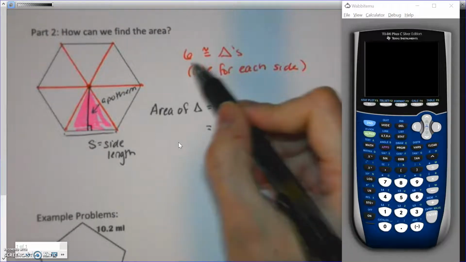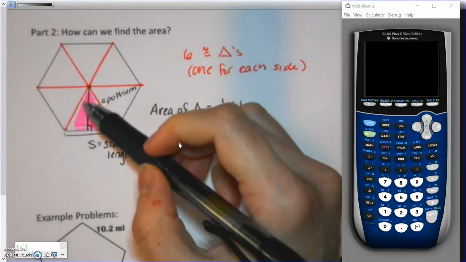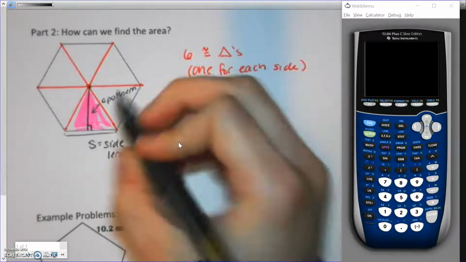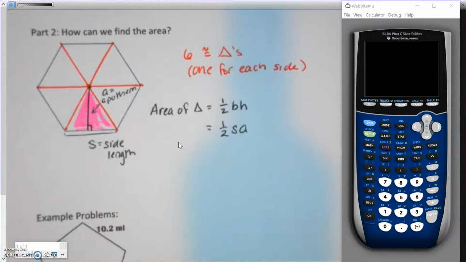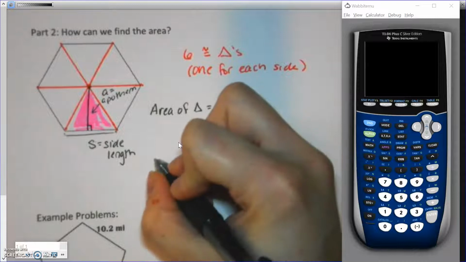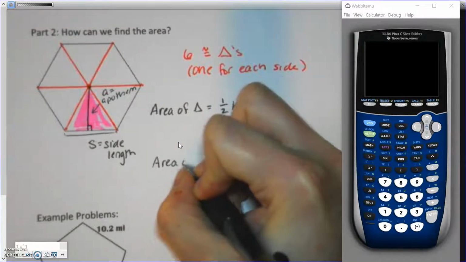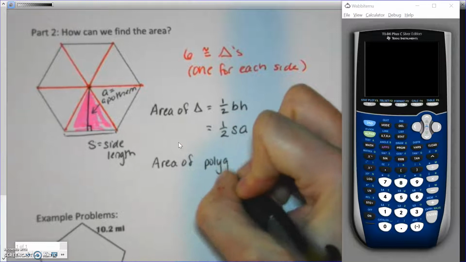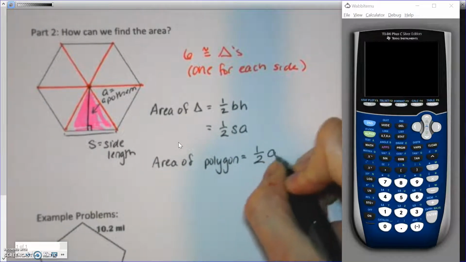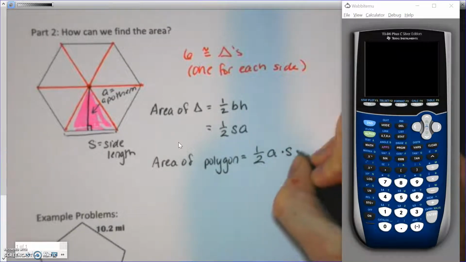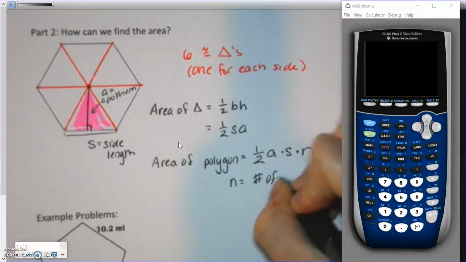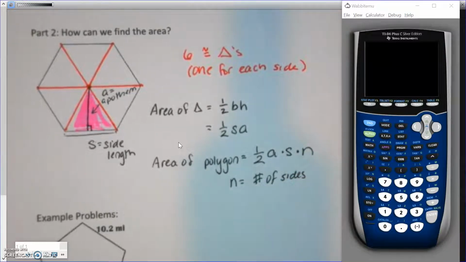And we notice that the number of triangles that you make is the same as the number of sides it has. So if I say that n is the number of sides, then I could say that the area of the polygon is equal to 1/2 the apothem times the side times n, where n is the number of sides.